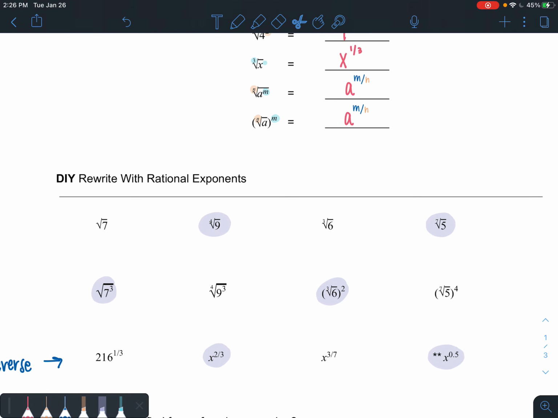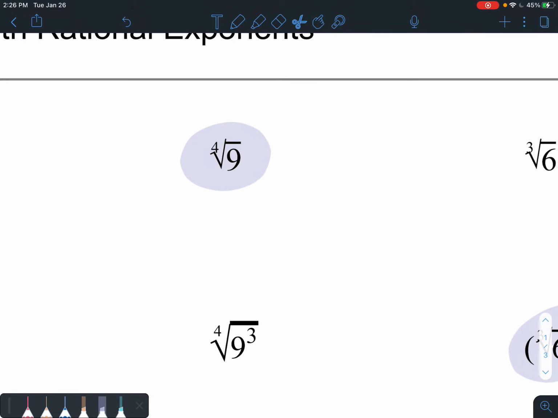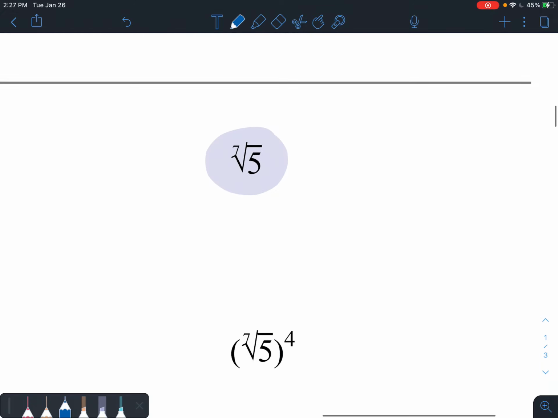Okay, so we're going to go ahead and rewrite these as rational exponents. It should be pretty straightforward. Looking at our first one here, the 4th root of 9, and that is to the 1. So I can rewrite that as 9 to the 1/4. Here's another one.